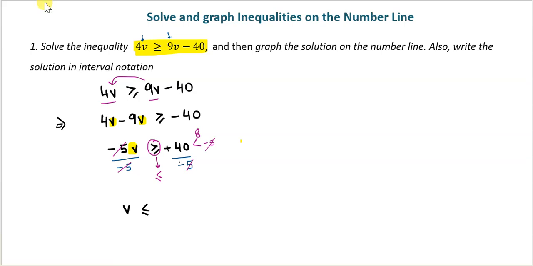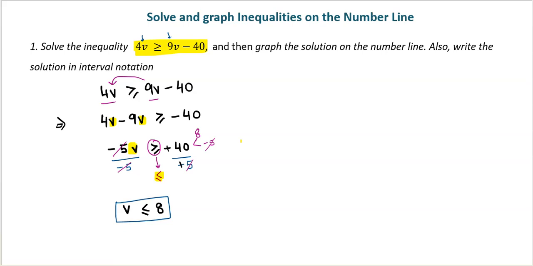The minus minus sign gets cancelled, and we are left with 8. So this is important: when you are dividing or multiplying by a negative number, you should change the sign of inequality. Now this is your inequality.